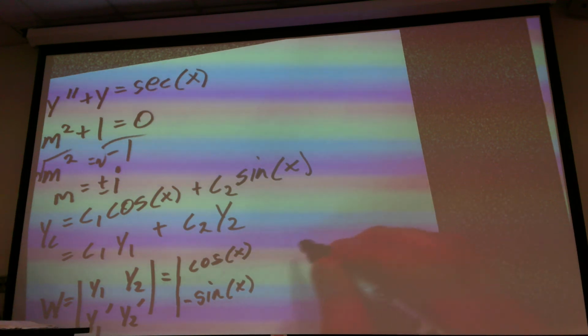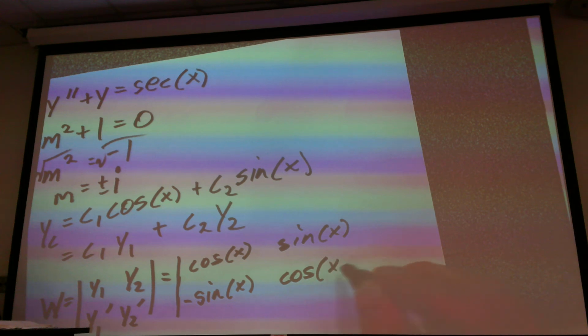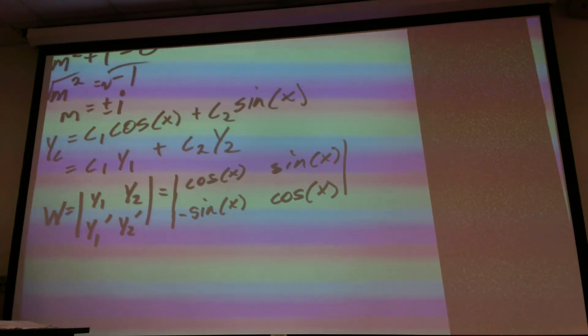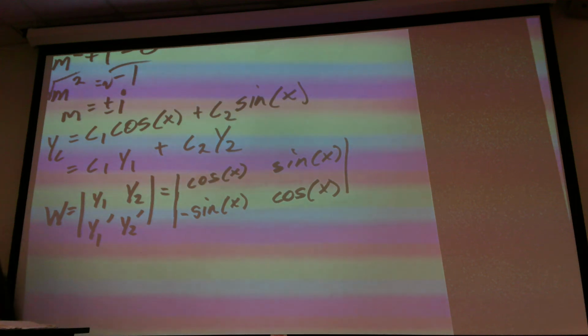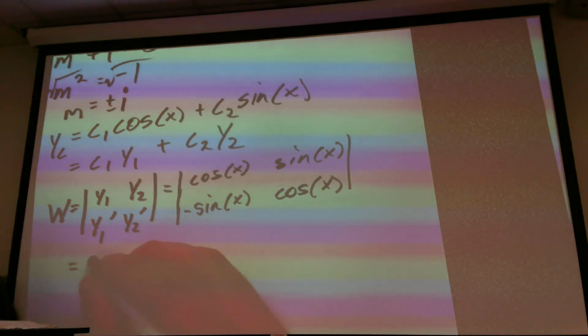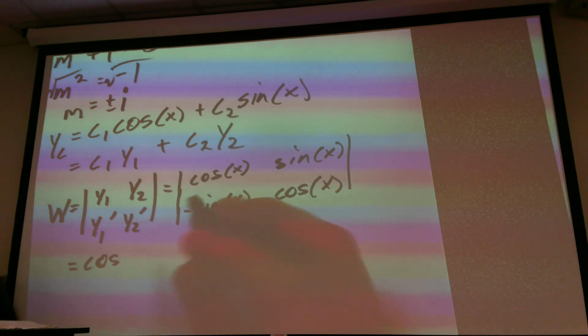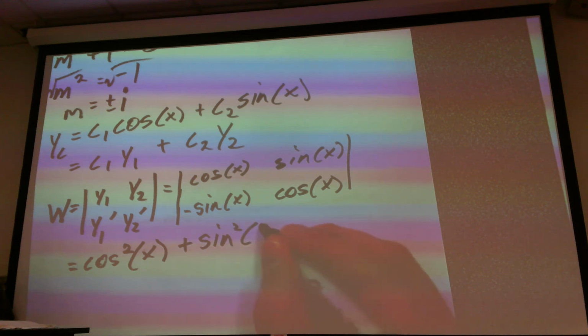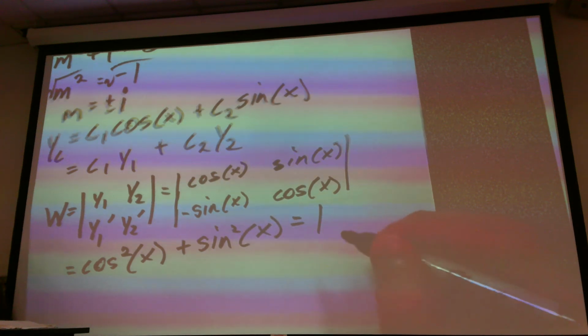And then we have y2 is sine of x, and the derivative of sine is cosine of x. So that would equal cosine squared x plus sine squared x, and that ends up coming out to be 1.